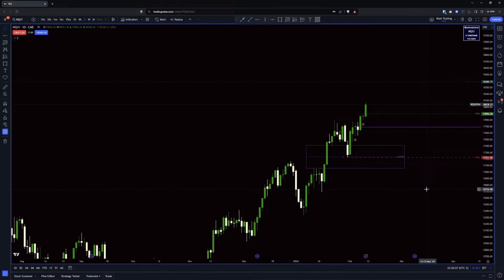I don't think you need it to be perfect, but I do think you need to be considering higher time frame targets to know what's a likely manipulation, what's a likely consolidation or accumulation. Really identifying those three stages of the power of three is the most important part of this, right?